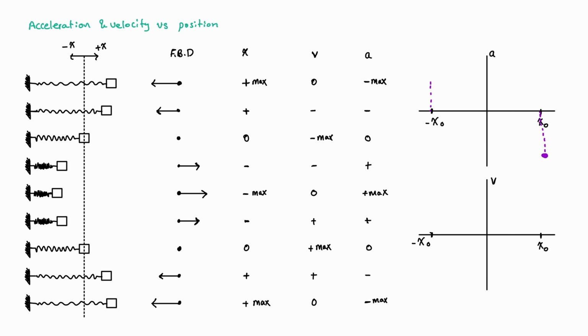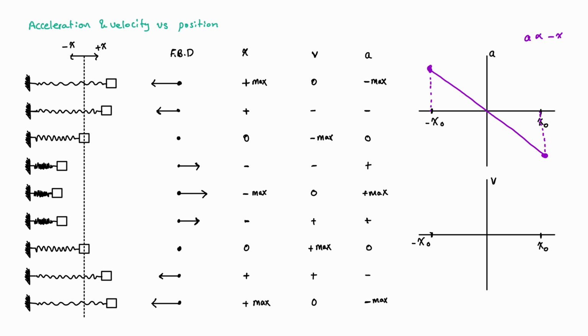So here we have this, and we also know that acceleration is proportional to negative x, meaning that I can draw a line of best fit which is straight and goes through the equilibrium position, and that shows the acceleration relative to the displacement.